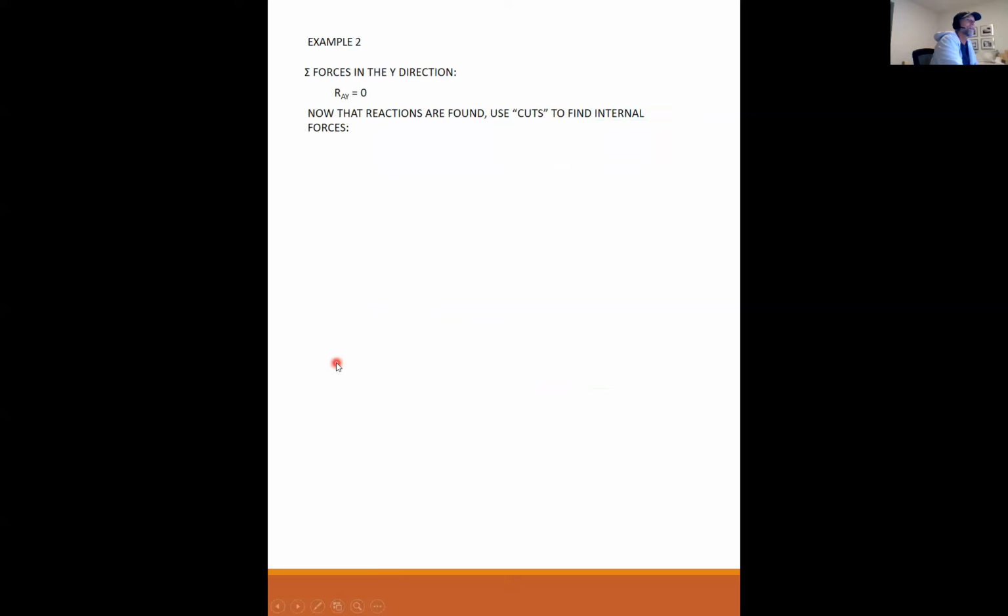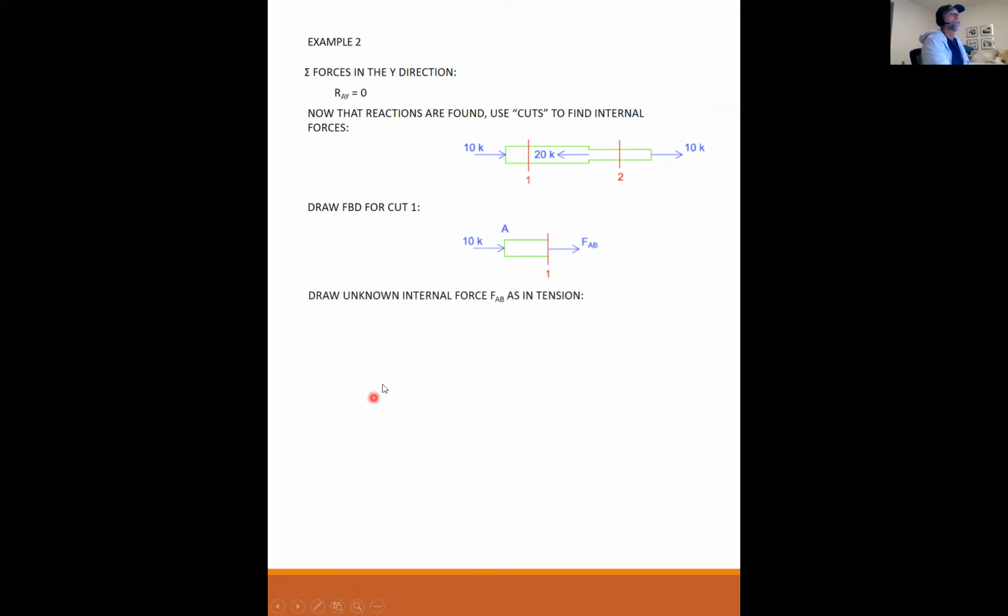Now that our reactions are found, we're going to use cuts to find internal forces. I have 2 segments, and so I need to find what the internal force is somewhere along AB and the internal force somewhere between B and C. So we draw a free body diagram for cut number 1, and I have my 10 kip reaction, and I have an unknown FAB in member A to B. Before I sum my forces, I tend to draw my unknown forces in tension.